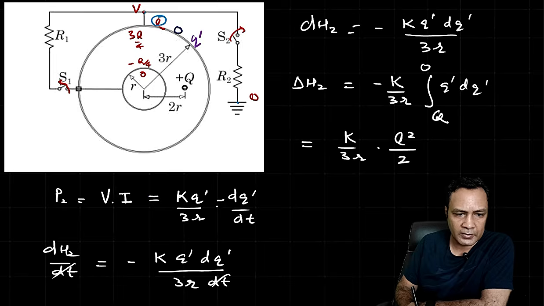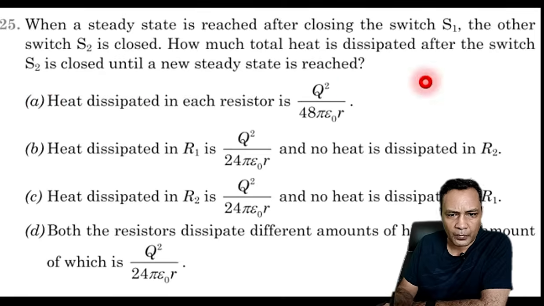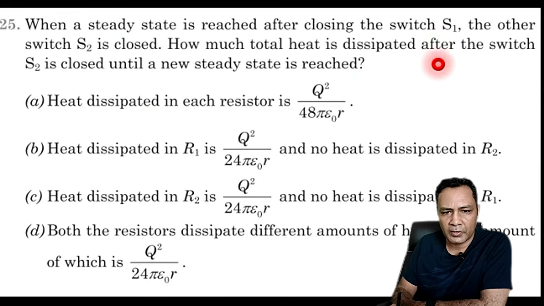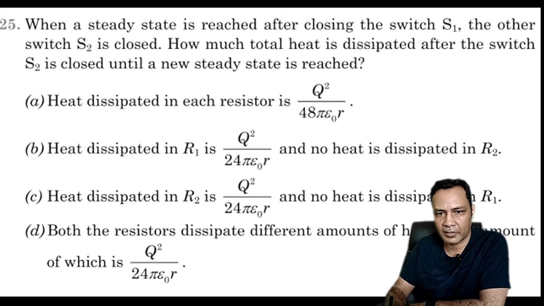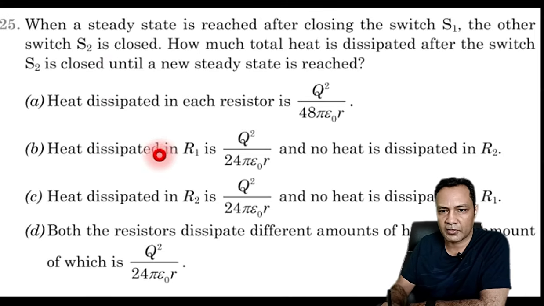Let me check the answers. See, options. How much total heat is dissipated after the switch S2 is closed? After the switch S2 is closed, there is no extra heat dissipated in R1. So this is wrong, because it is written that heat is dissipated in R1.